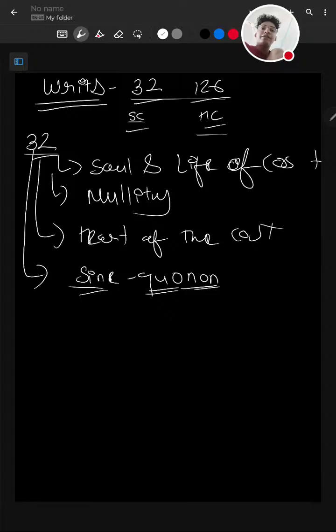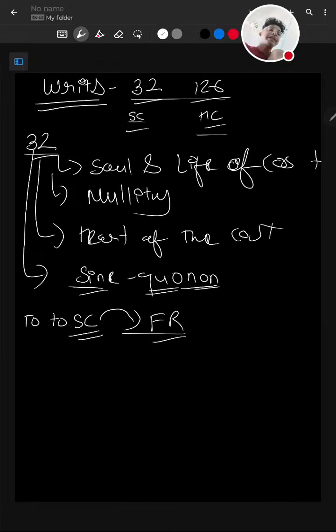This article first of all gives you the right to go to the Supreme Court at any time when you feel like your fundamental right is getting violated. Then you can just go to the Supreme Court. The words tell you in Article 32. And this right to go to the Supreme Court cannot be removed in any circumstances. This is also written in Article 32.